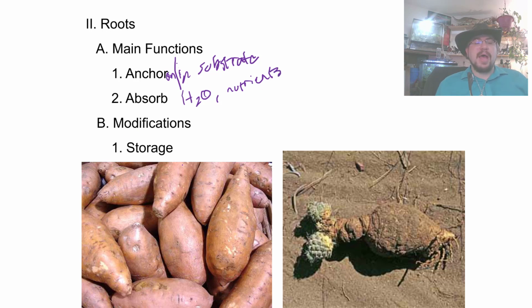We can actually see modifications to the roots for storage of carbohydrates. So a modification for carb storage is a root modified to become what we refer to as a sweet potato or a yam.